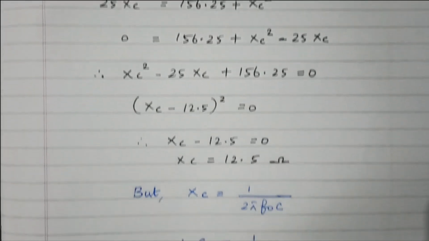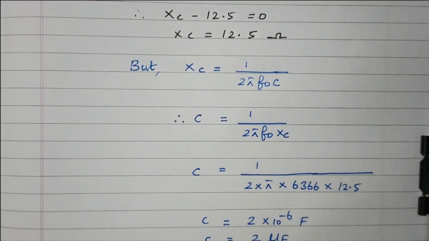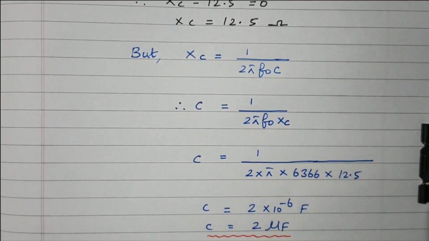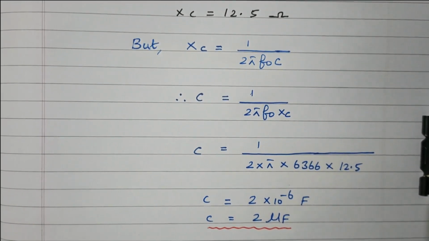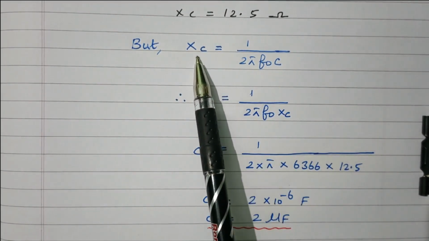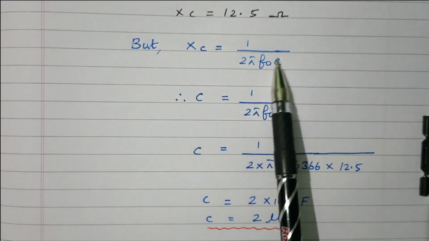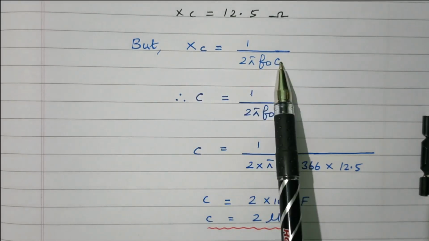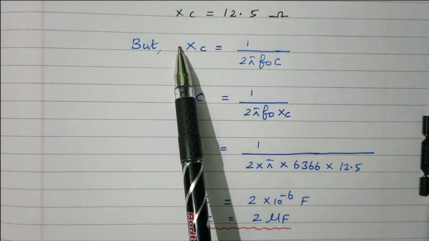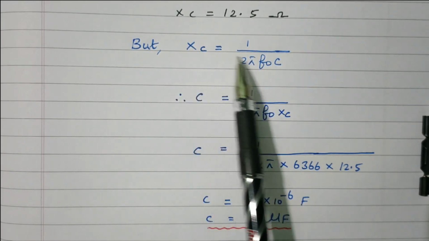So from the given condition we got the Xc value. But what we need is the capacitor value. Xc has one more formula, 1 divided by 2 pi f naught C. Here what we need is C, so interchange the terms. Bring Xc to the denominator on that side.